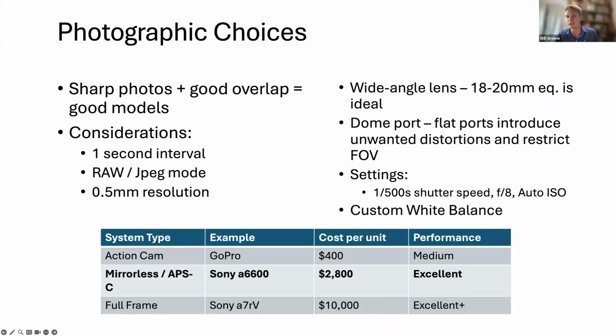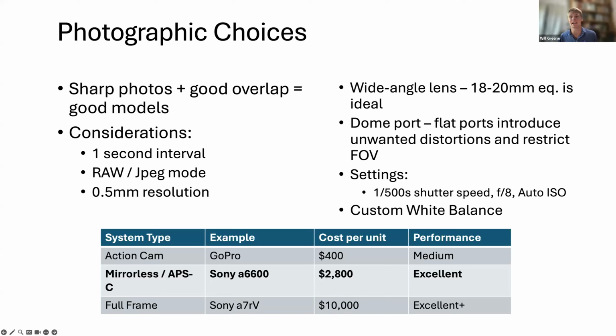I'm going to talk a little bit about photographic choices because the most important part of any type of photogrammetry is that you have good images. So some considerations for choosing what type of camera system you might want to use: it needs to have a 1-second interval mode so that you can collect photos continuously. It should be able to collect RAW and JPEG images.